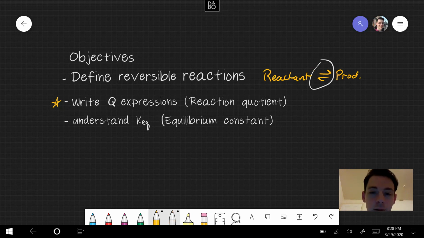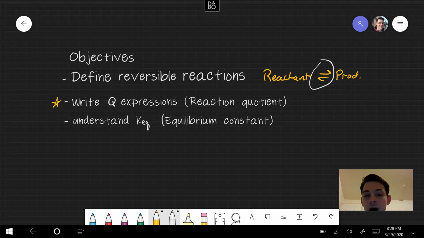Q expressions, I starred that. Like I said, I think those are the most challenging part of this lesson. But those are defined as the concentration of the products over the reactants. Okay, we can use that to solve for Q at any given time. And lastly, to understand what that equilibrium constant is.